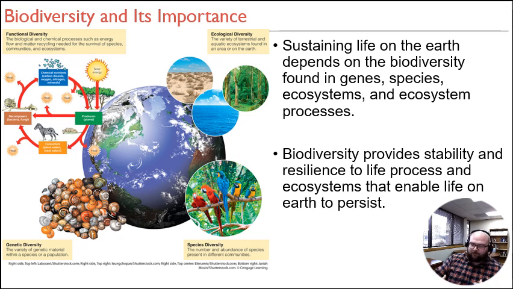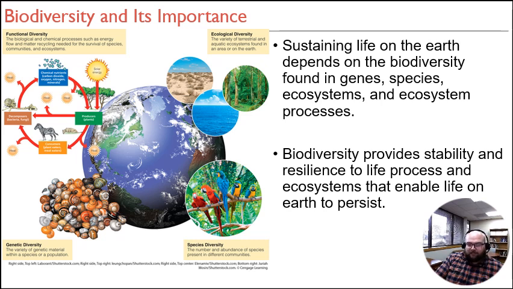Things that happen in the environment put pressure on that population. But the greater the genetic diversity, the more likely that population is able to persist, right? Some of the population will be negatively affected, but those that have traits that give a survivorship advantage are going to survive and persist and eventually recover and keep living.